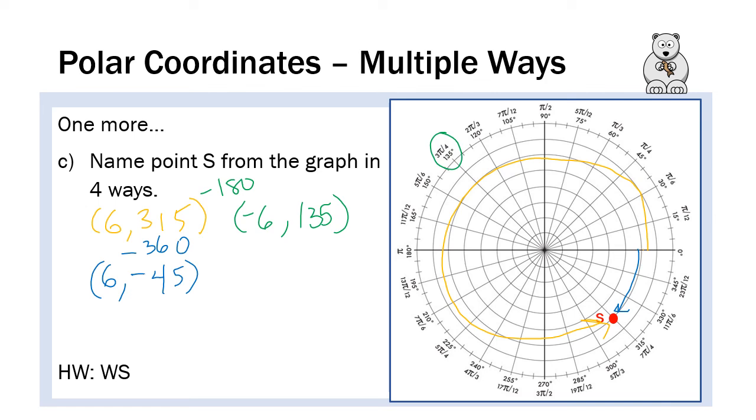And the last one, well, let me go ahead and graph that. So to 315 and opposite 6 from the origin there. Last one is in the opposite direction. So let's see, if I do 315 plus 180, which is the last thing that I haven't done yet, I'm going to get a huge number. So that's not what I want. That's 495. So let me just show you. 315 plus 180, that's 495.